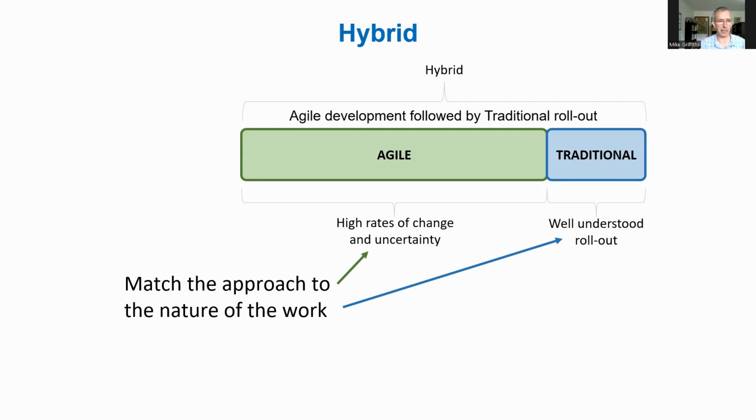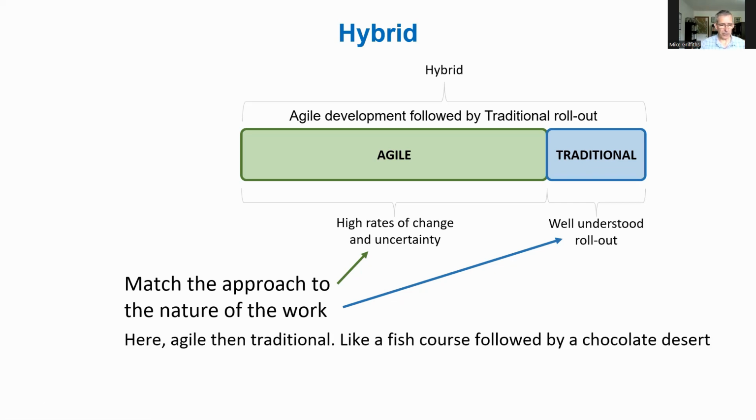Great. That sounds like a perfect candidate for an iterative incremental approach, such as Agile. Whereas something that's defined, repeatable, and can be planned accurately up front, perfect. Let's use a more traditional approach to that. And so I think, yeah, that's a better way to go.